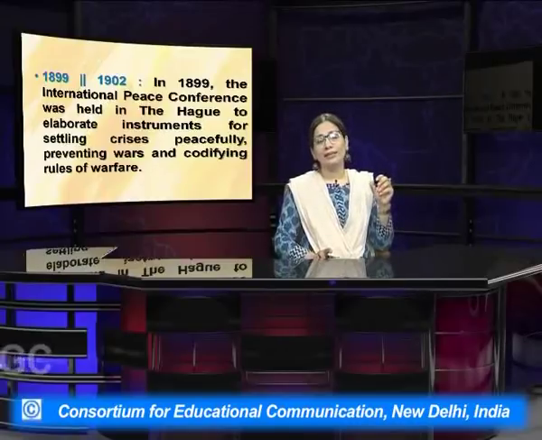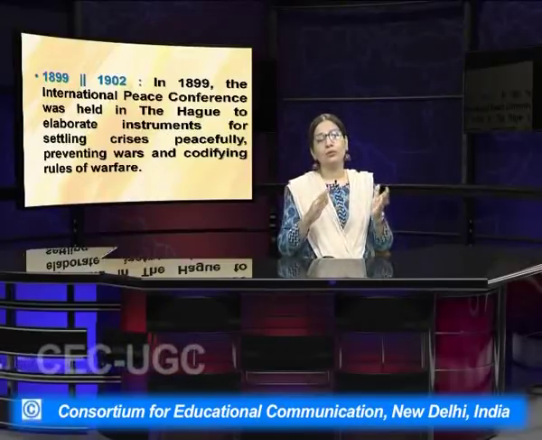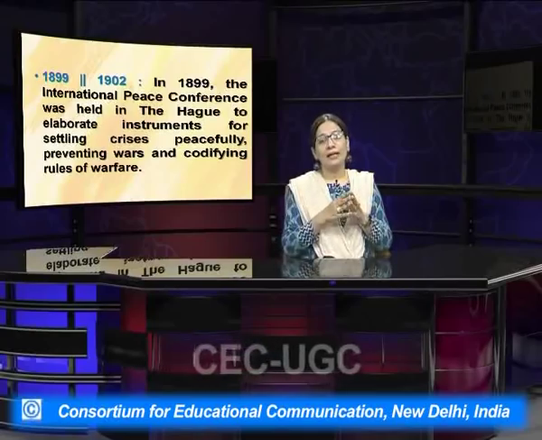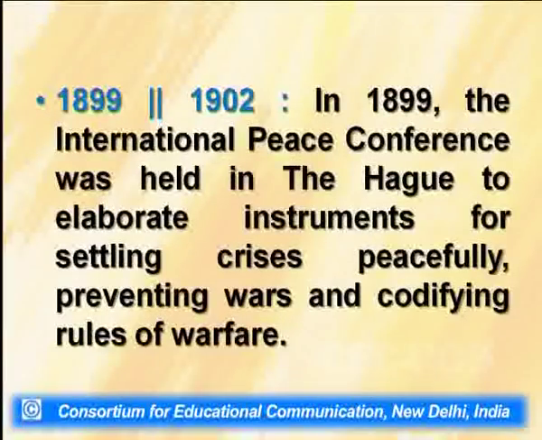When we look at 1899 to 1902, now in 1899, the International Peace Conference was held in The Hague, and its main aim was to elaborate instruments for settling crises peacefully, preventing wars, and codifying rules of warfare.